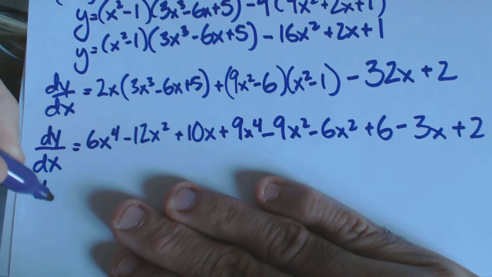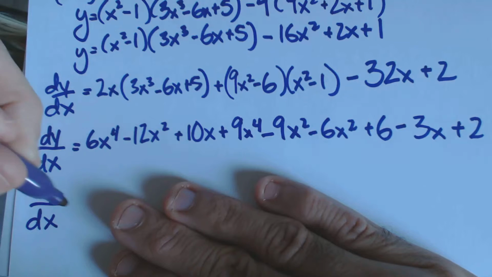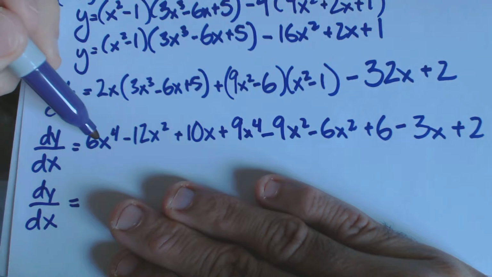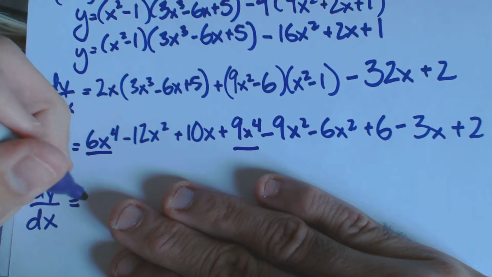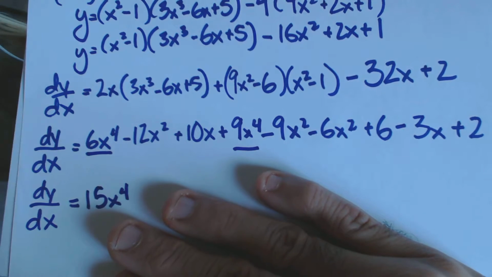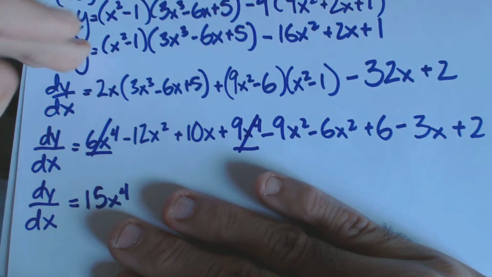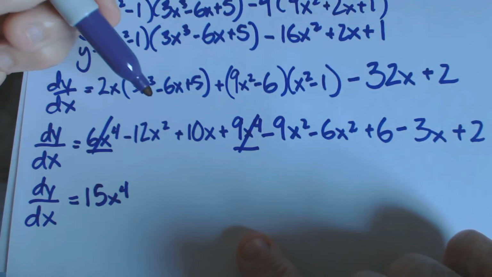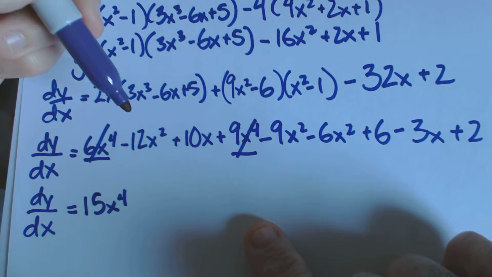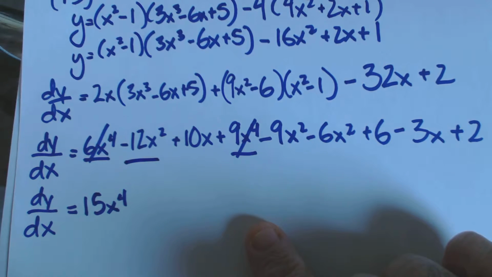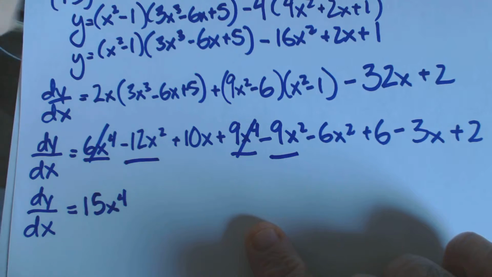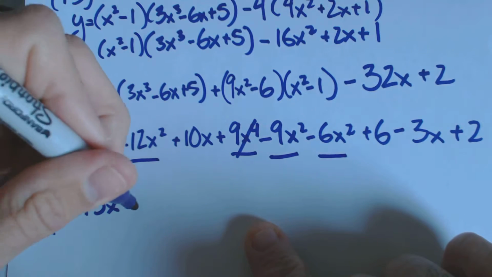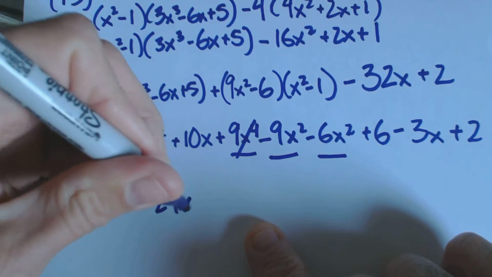Alright, let's combine like terms. So we've got 6x to the fourth here, 9x to the fourth. That gives us 15x to the fourth. Okay, so we don't have any cube terms, so let's look at the square terms. We have negative x squared minus 9x squared, that's negative 21x squared, minus 6, so that's minus 27x squared.